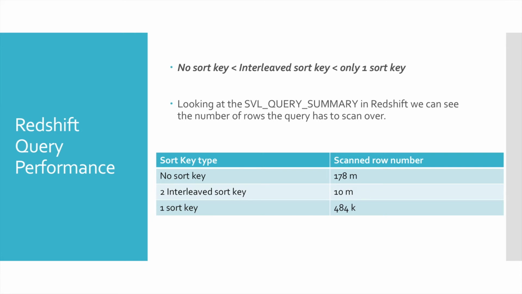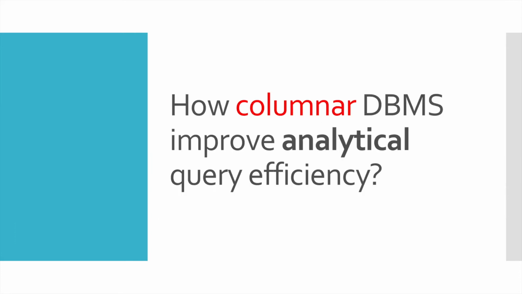And if we use two interleaved sort keys, it scanned 10 million. If we use one sort key, it's only 484,000.